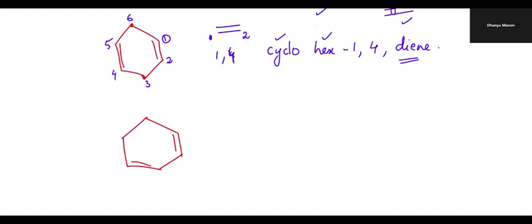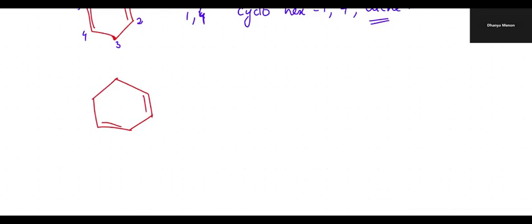Okay. Now here, in this case, suppose I number it from here, 1, 2, 3, 4, 5, and 6. The double bonds are getting the positions 1 and 3, right? Is there any other way of numbering?